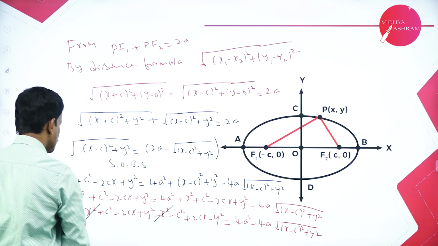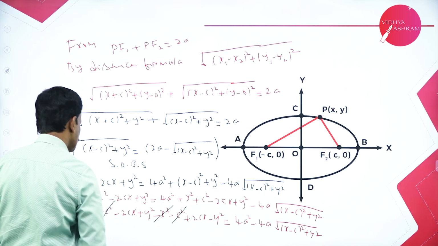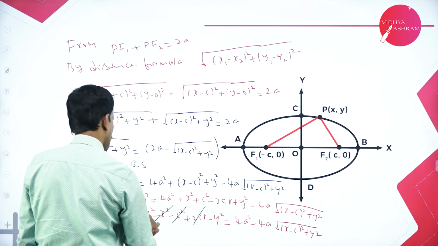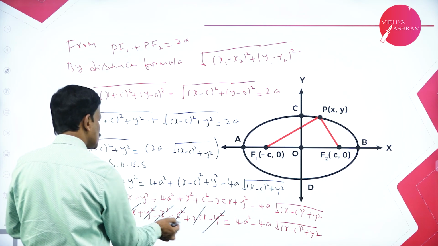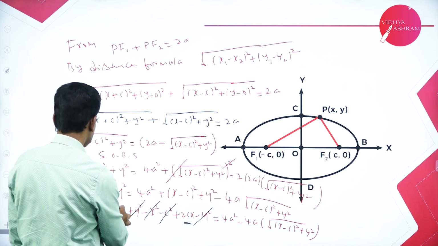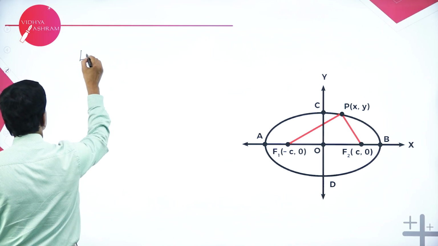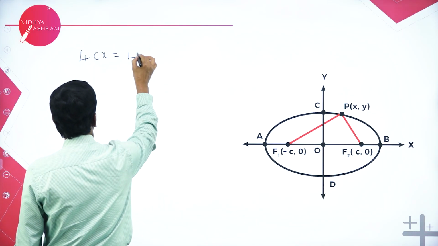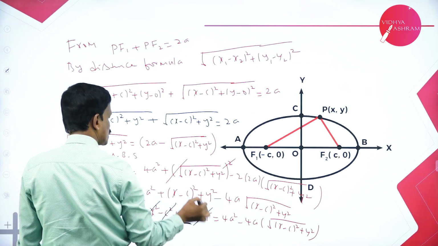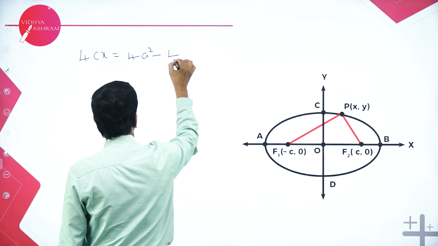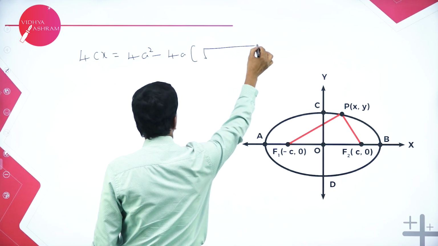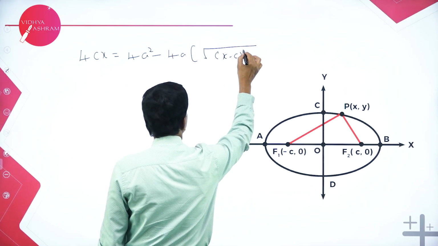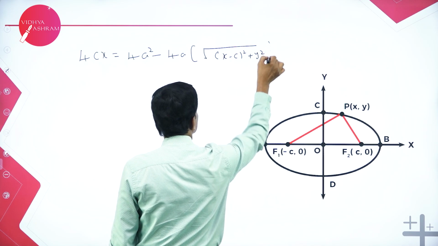The x square minus x square and c square minus c square get cancelled, and the y square minus y square gets cancelled, and you get 0 on the right hand side. What is remaining is 4cx is equal to 4a square minus 4a into root of (x minus c) whole square plus y square.